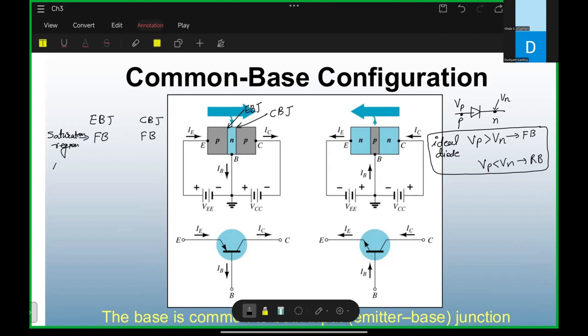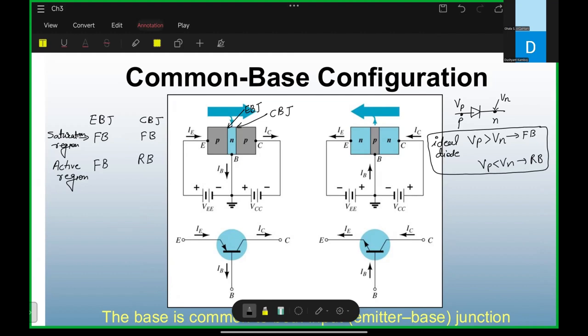Second one is the active region. Remember that in active region, your emitter base junction is forward bias, collector base junction is reverse bias. I will tell you how we can perform that one. Just memorize this table. It is so important.